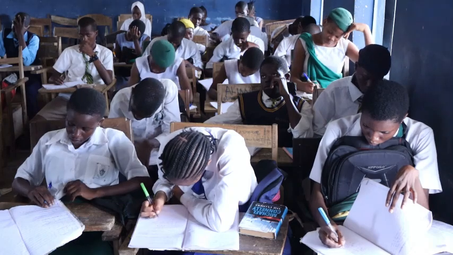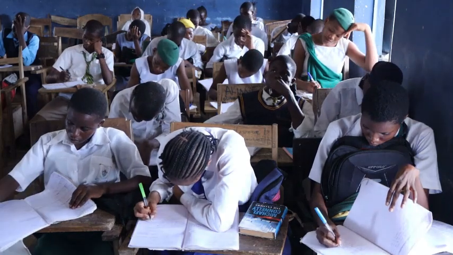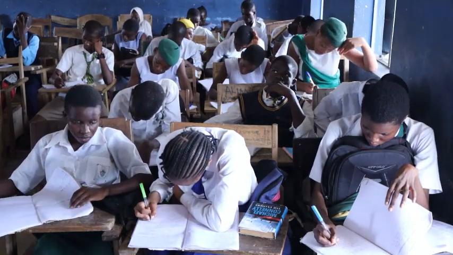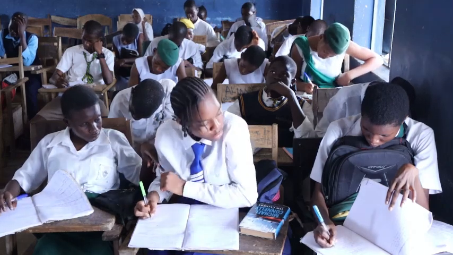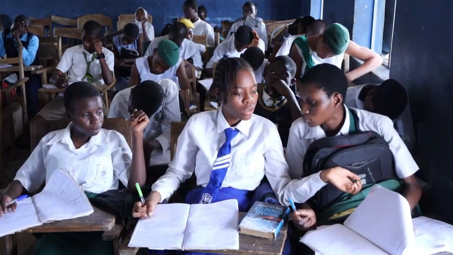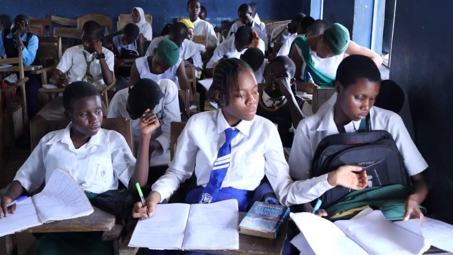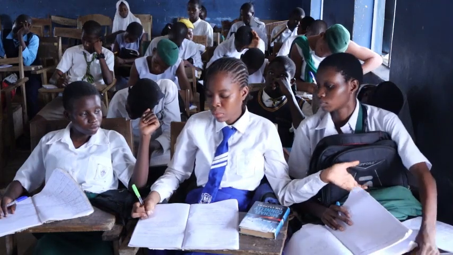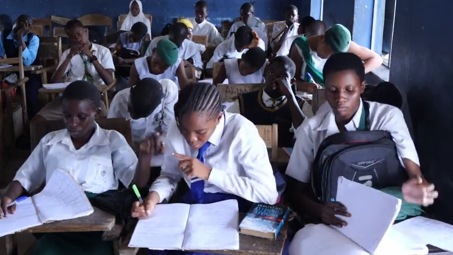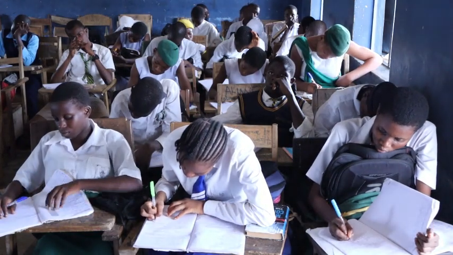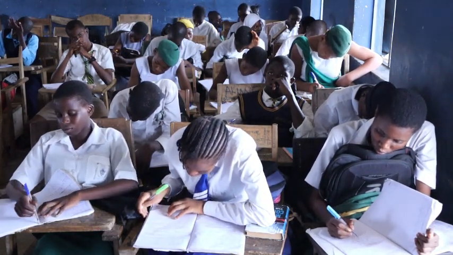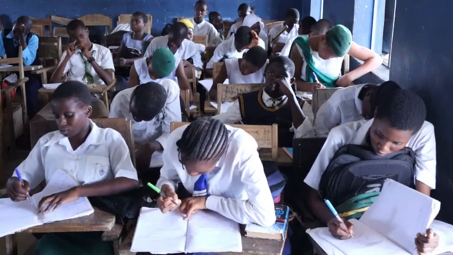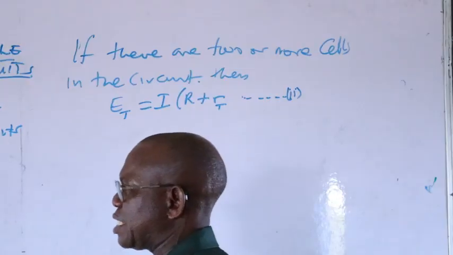E total will become I into (R plus small letter r total). That's one. For two or more cells in the circuit, we can find this. E total means equivalent or total EMF. So we get EMF like this.